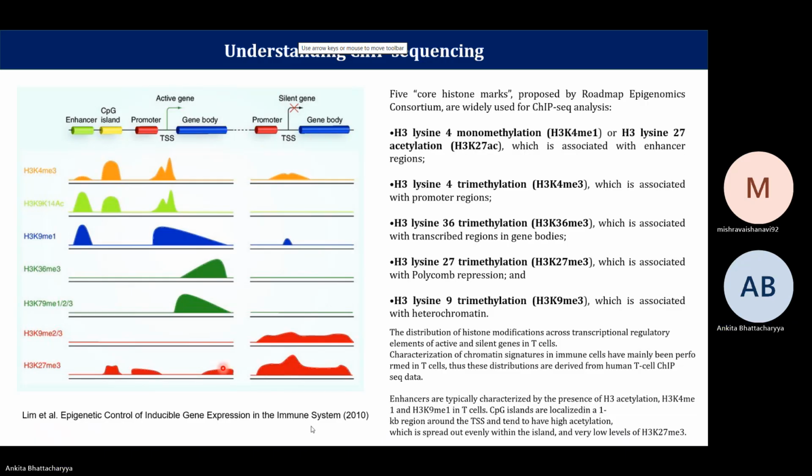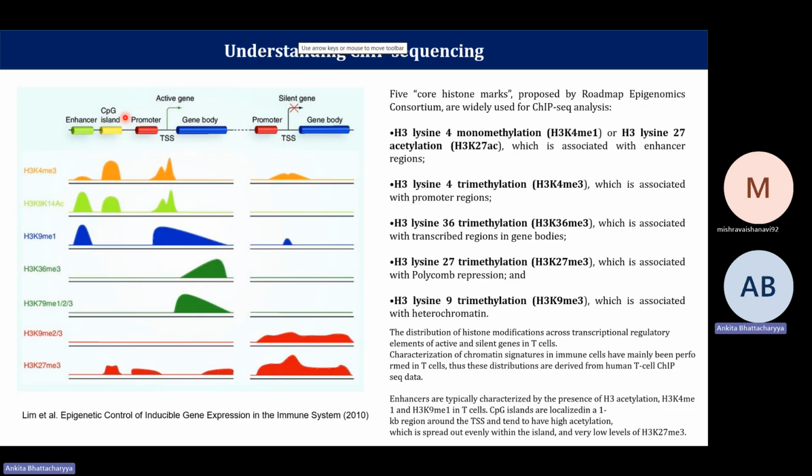So this is what you see here on the left. You see a distribution of histone modifications, which are across transcriptional regulatory elements of active and silent genes in T cells. Characterizing chromatin signatures in immune cells has been performed using T cells, and these have been derived from the human T cell ChIP-seq data.